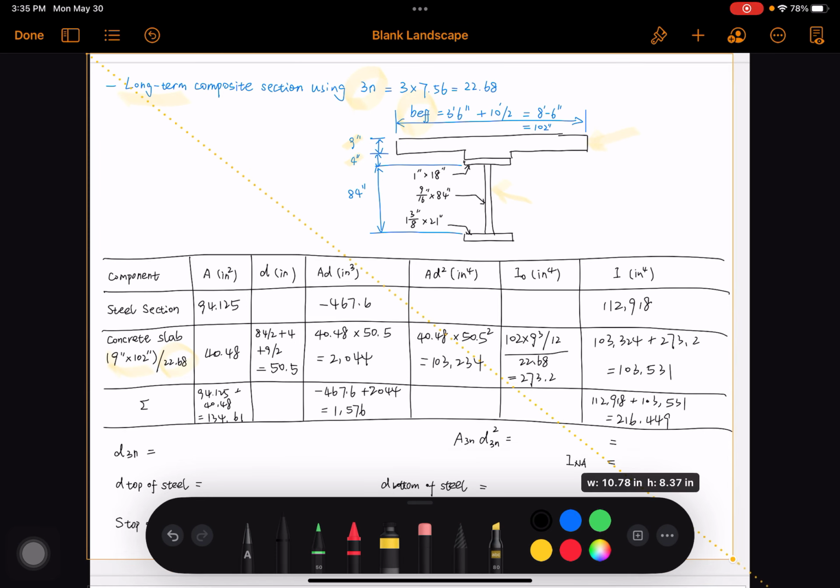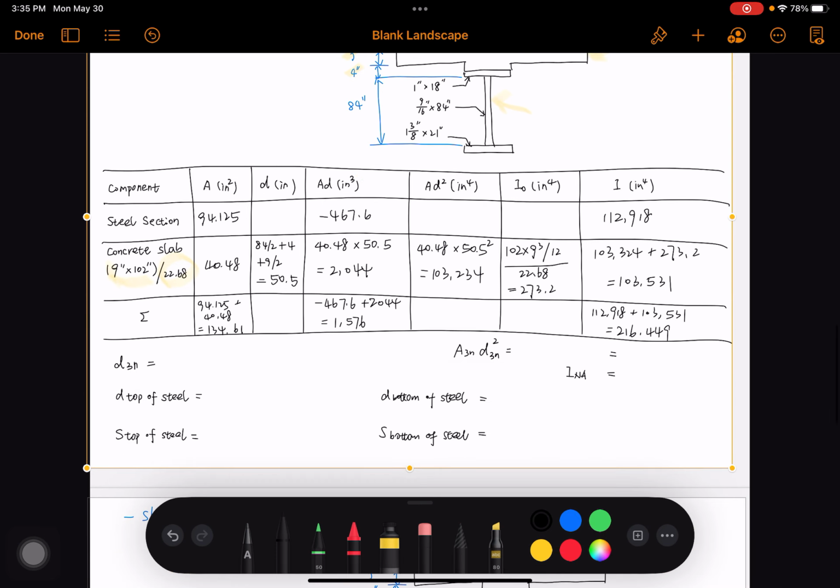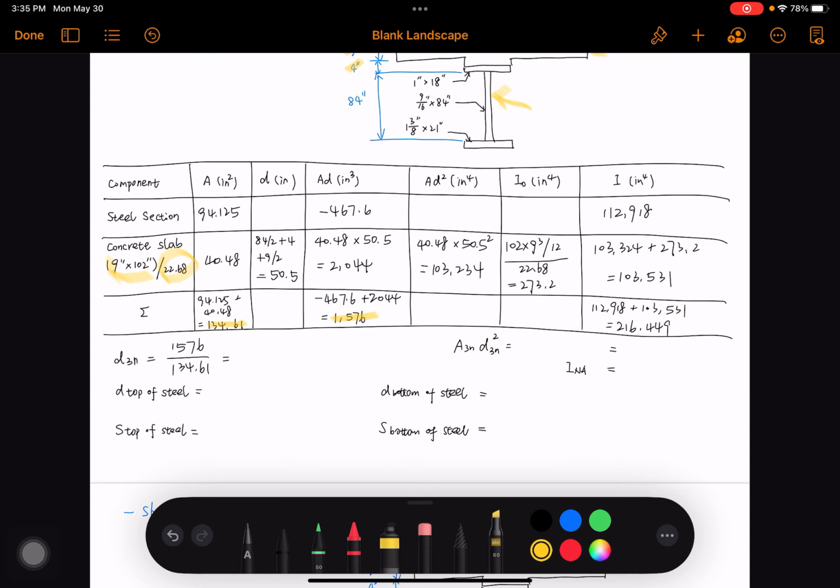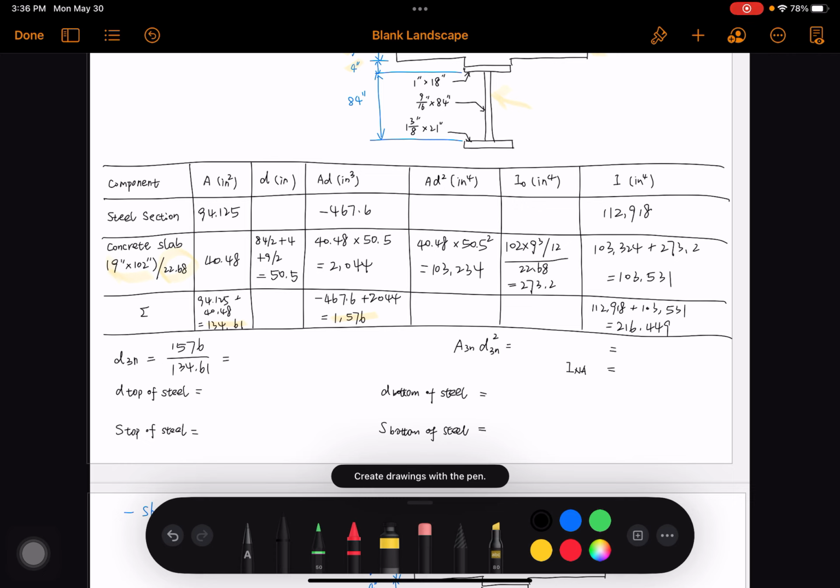A3n times D3n squared. So first calculate D3n, which equals 1576 divided by 134.61. Again, this is the summation of the AD divided by the total area of the composite section. This is just simplifying the CG of the section, which gives 11.71 inch.